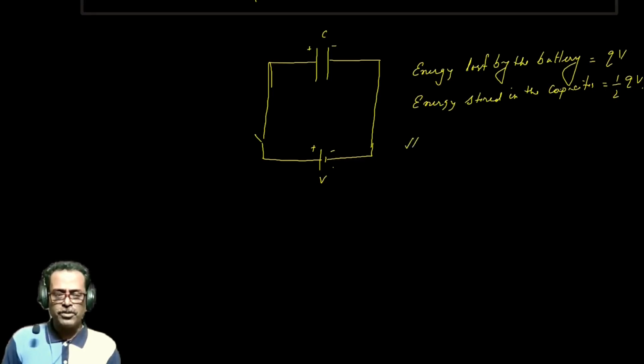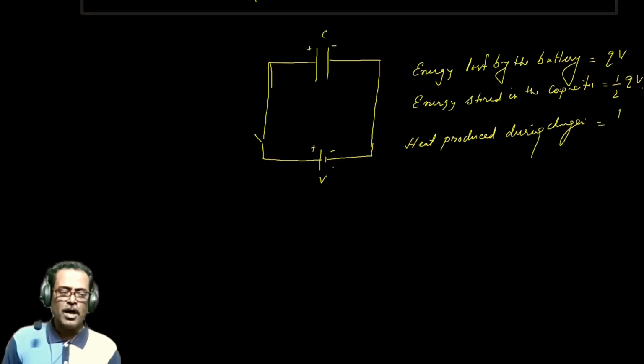So the heat produced during charging is equal to half Q into V. This is very important. So the energy consumed by the battery is QV, the energy stored by the capacitor is half QV, and the energy converted into heat is equal to half into Q into V.